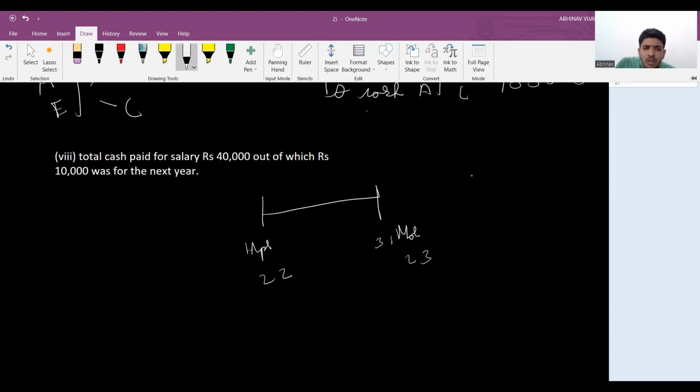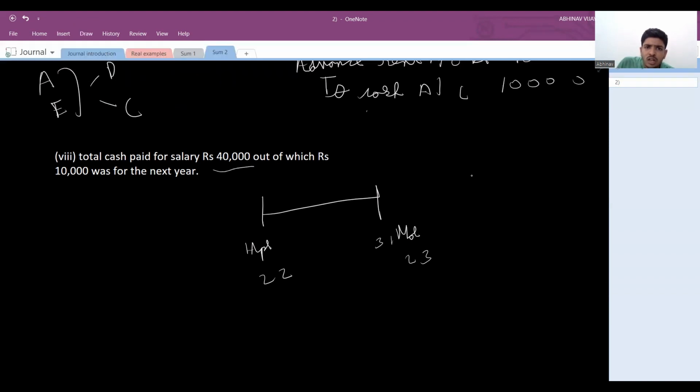So what this means is they paid cash of 40,000 rupees. That is, at the end of the year, 31st March only, they paid 40,000 rupees in cash. So minus 40,000 gets reduced from cash. Out of this 40,000, 10,000 was for next year. That means there may be employees working for you for the entire month, for the entire year.